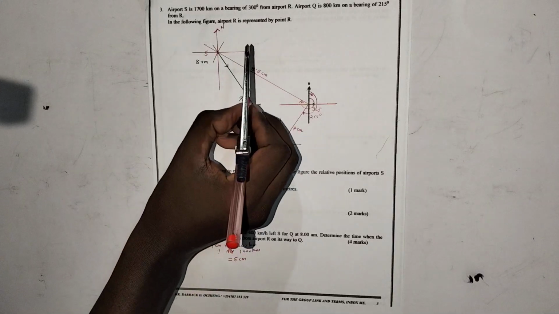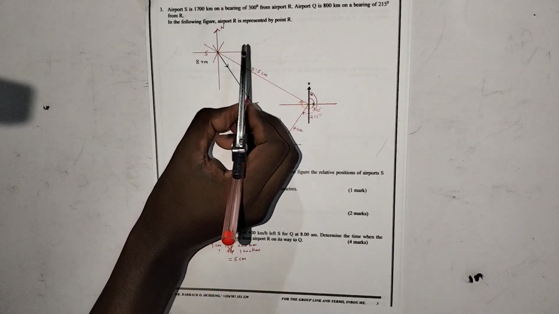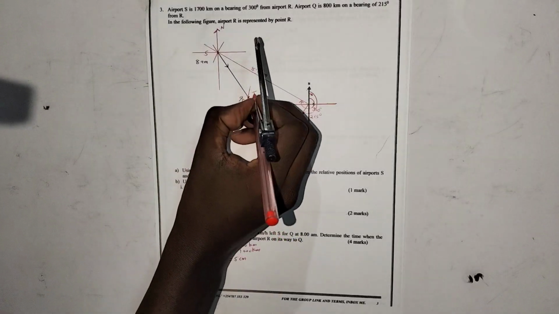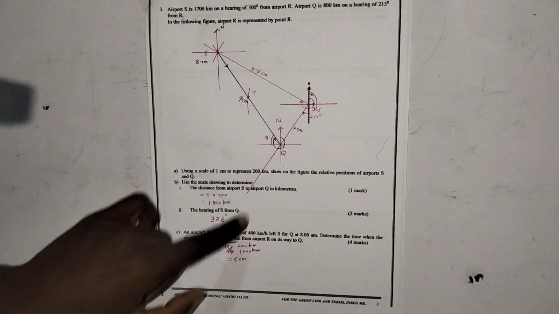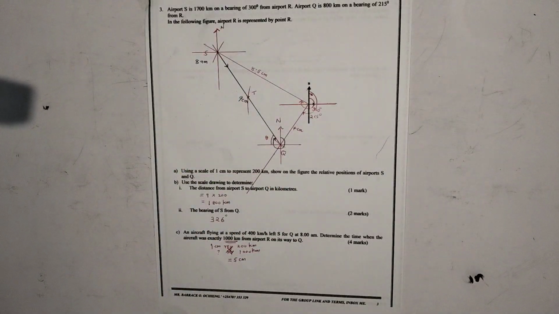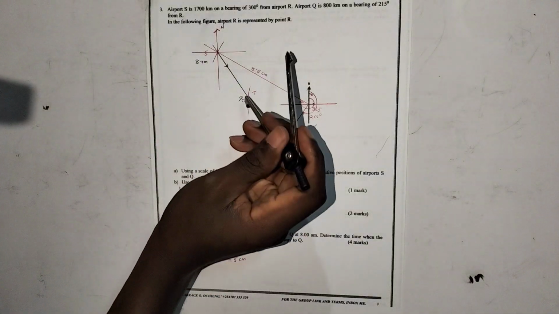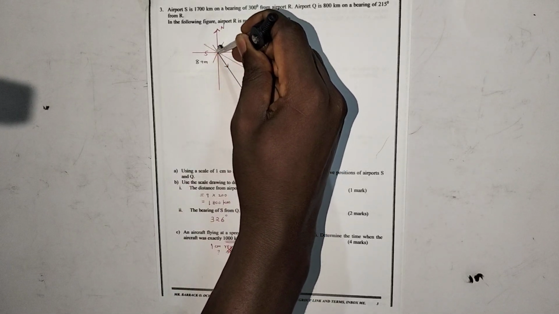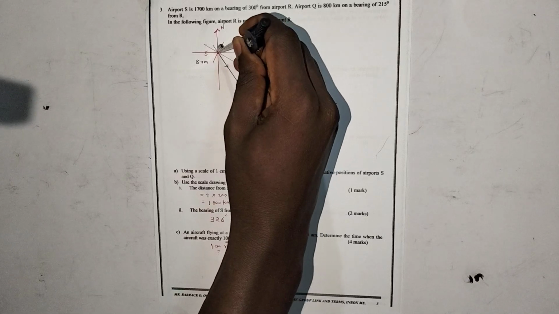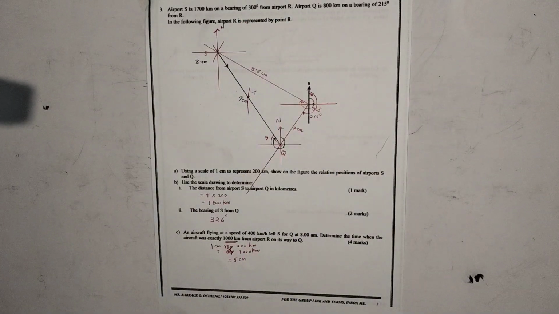Very good. So at this particular point, when my aircraft is moving from S to Q, let me call it the point T, this aircraft will be exactly 1,000 kilometers from airport R. So we need to determine that particular distance from S to T. So with the sharp point at T, you stretch it to S and then transfer the divider length onto your 15 centimeter ruler.